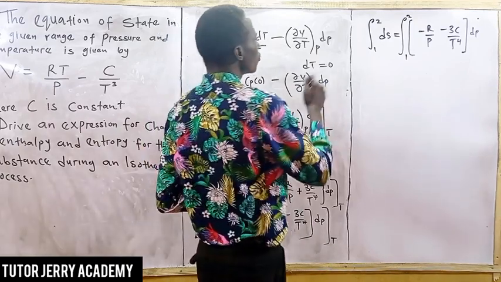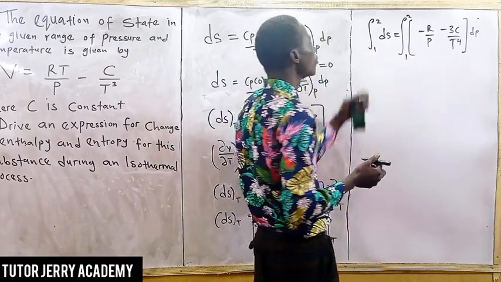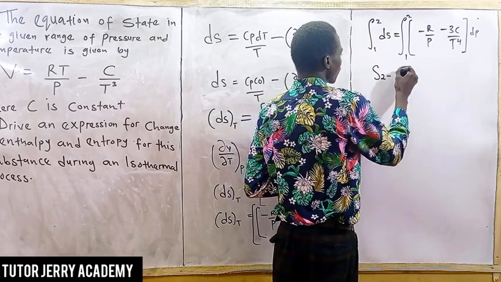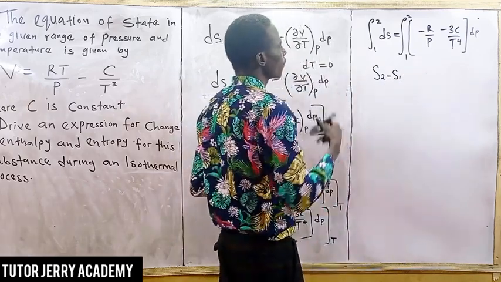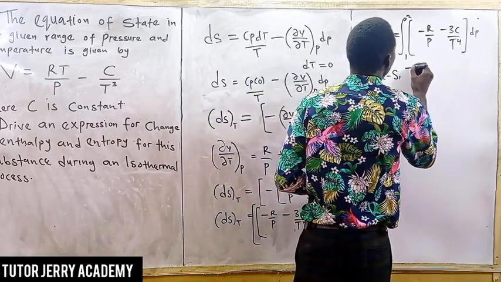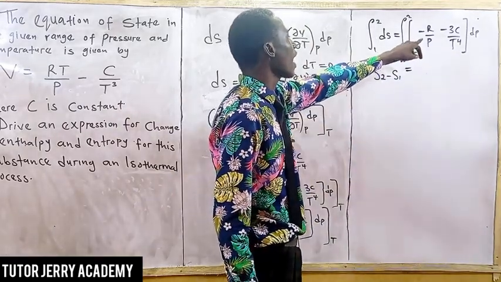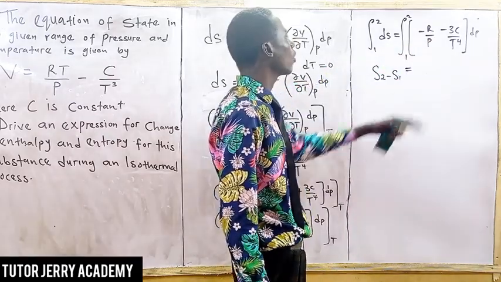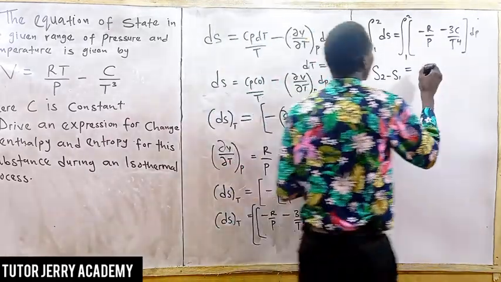If we do this, on the left hand side, the integral from 1 to 2 of dS is nothing but S2 minus S1. Here we are going to take minus R minus 3C over T to the power of 4 out of this integral sign.